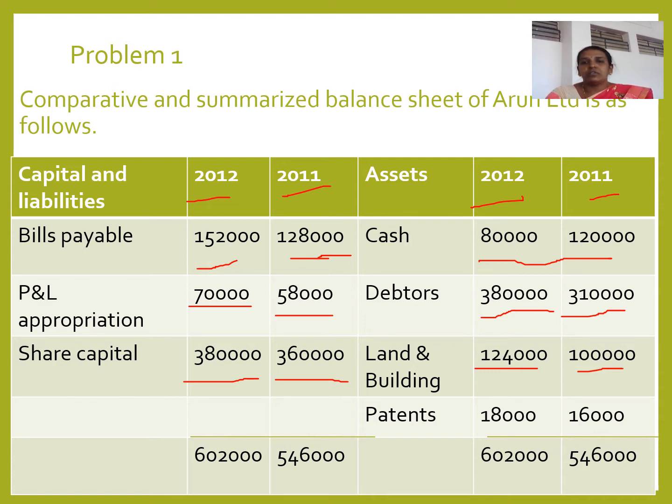In the year 2011 it is 16,000 and in the year 2012 it is 18,000. It means that there is a purchase of patents in the year 2012 to the extent of 2,000. The total of the balance sheet is 6,02,000 and 5,48,000 for both sides.